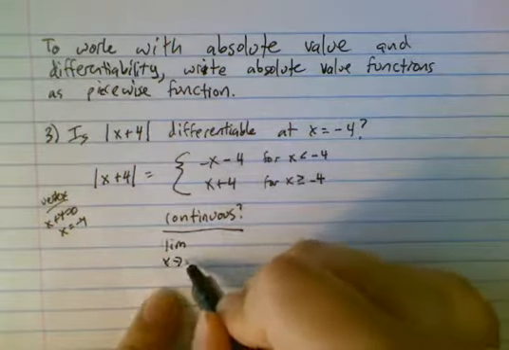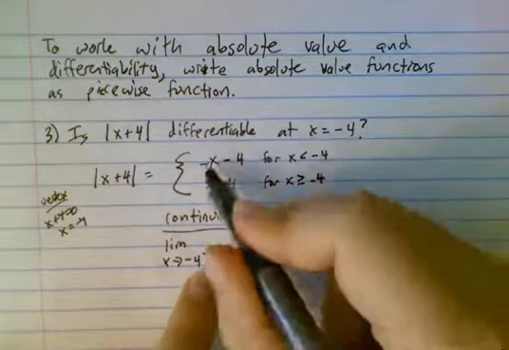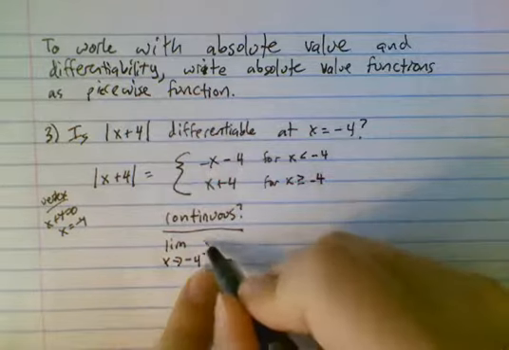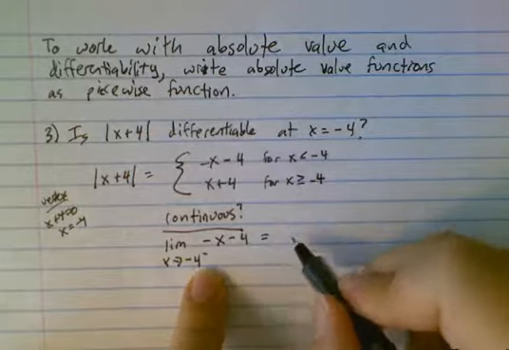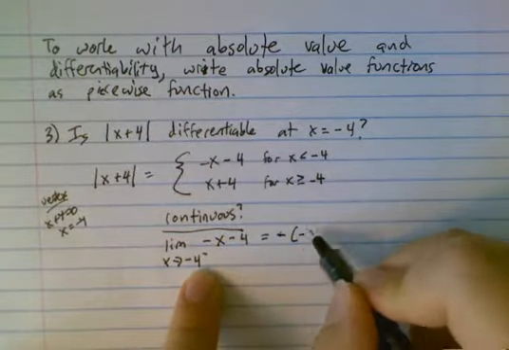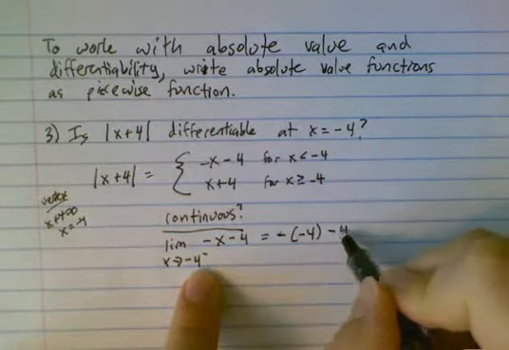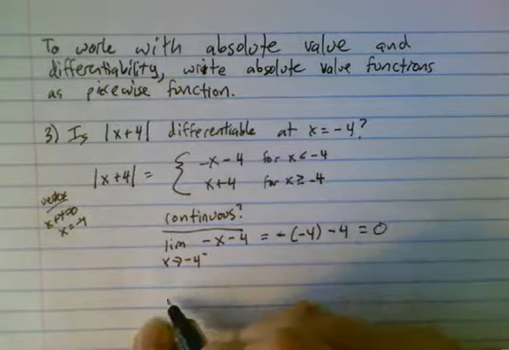Limit as x approaches negative 4 from the left. We're going to use the left function, negative x minus 4. So we just plug in negative 4, that equals 0.